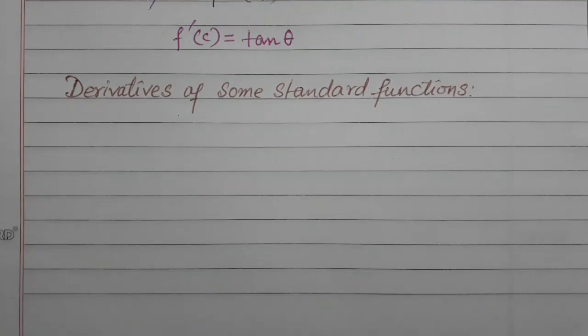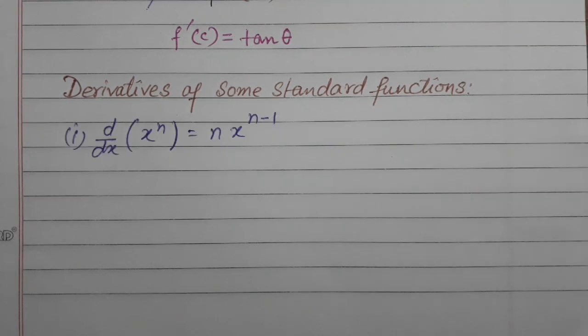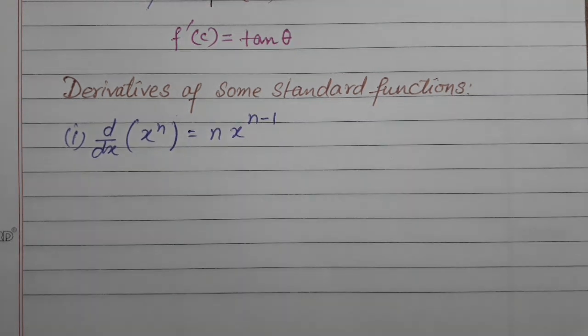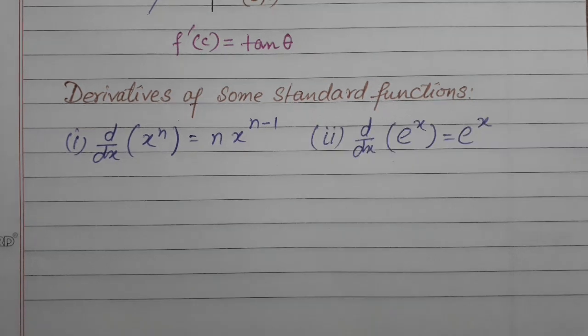Now let us see the derivatives of some standard functions. Number 1, differentiation of x to the power n with respect to x is n times x to the power n minus 1, where n can be any real number, not necessarily an integer. Second, d/dx of e to the power x is e to the power x.